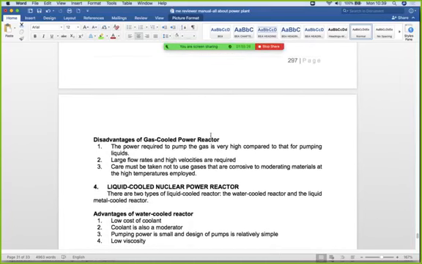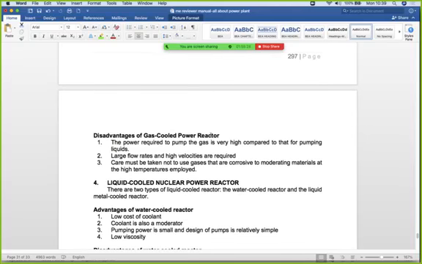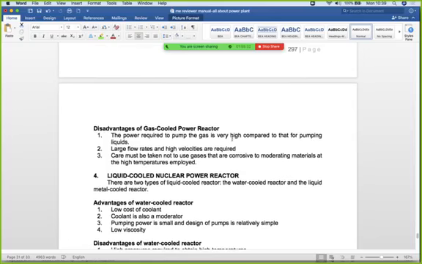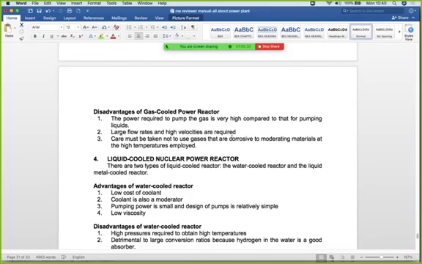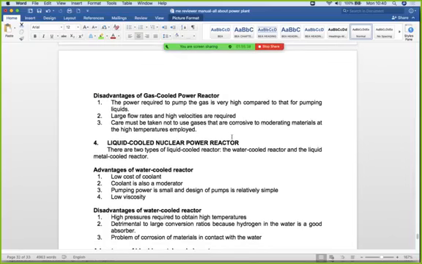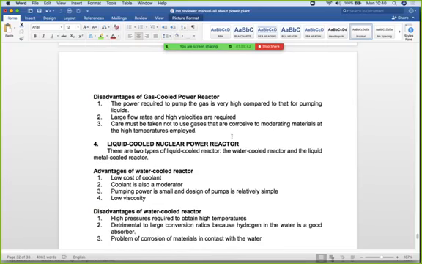So these are the advantages. The power required to pump the gas is very high. Large flow rates and high velocities are required. So that's why we can consider it a very high, heavy industry, many multiple times heavy.